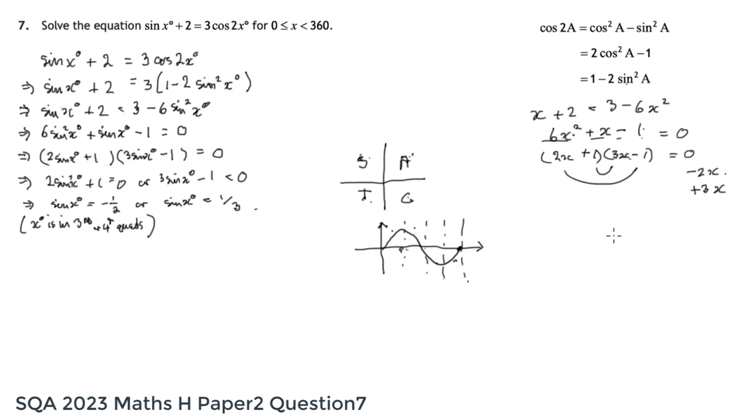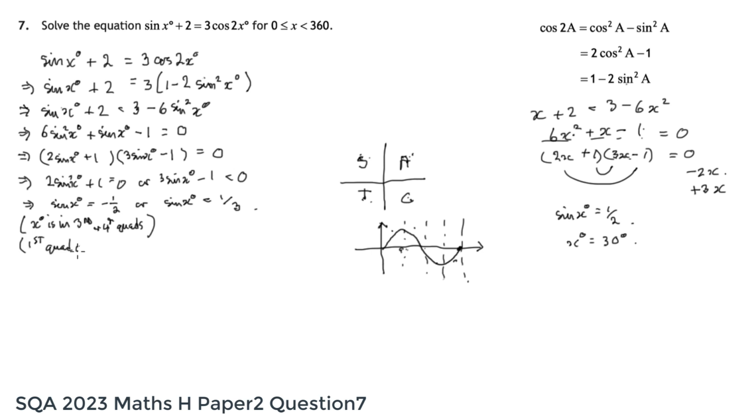So sine x being 1/2, let's have a look at that one. We've got sine x equals 1/2, and you can do an inverse sine half in your calculator and you'll get x being 30 degrees. Now that's first quadrant, so we'll just say that down here.